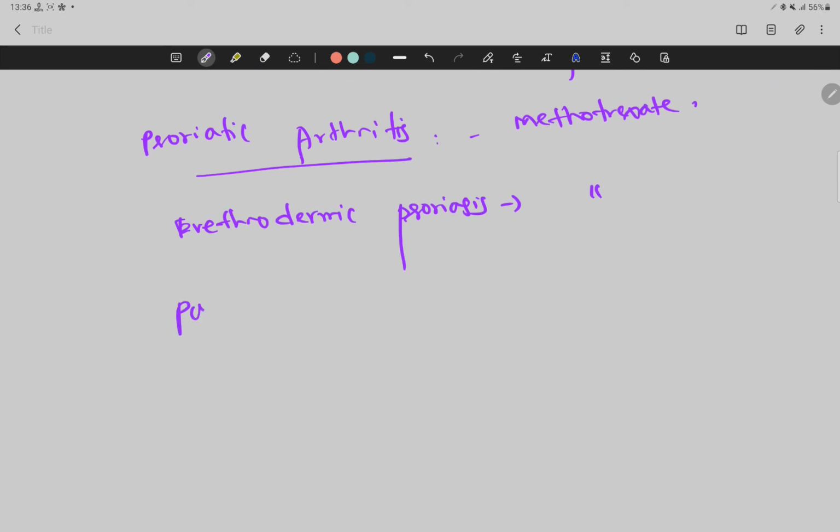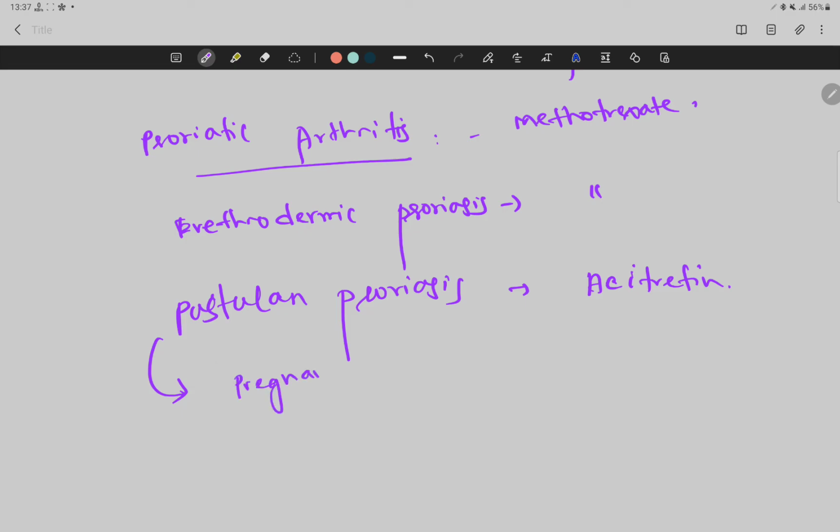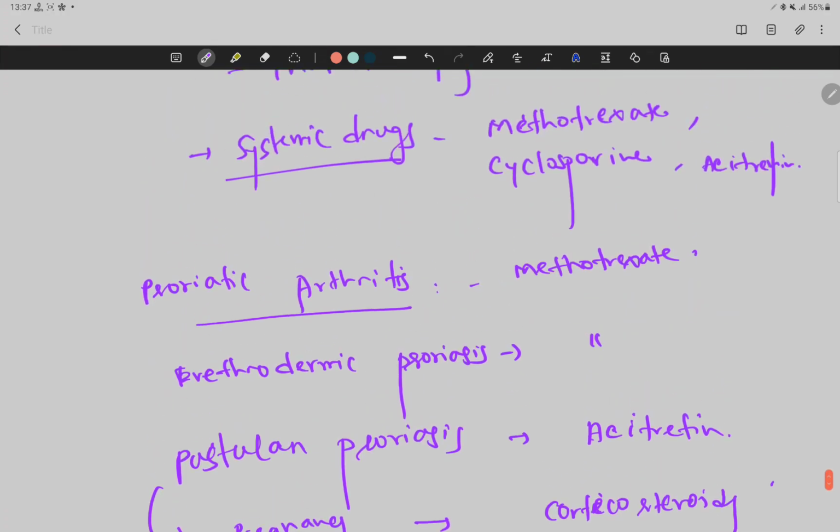In case of pustular psoriasis, acitretin is used. And in pregnancy, it is also called impetigo herpetiformis, corticosteroids are used. Okay. Thank you.